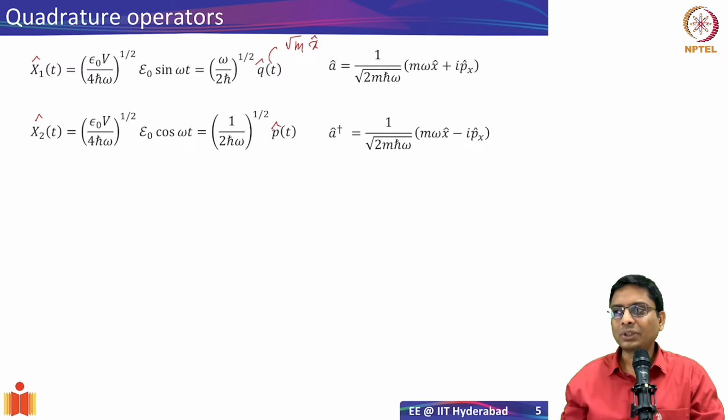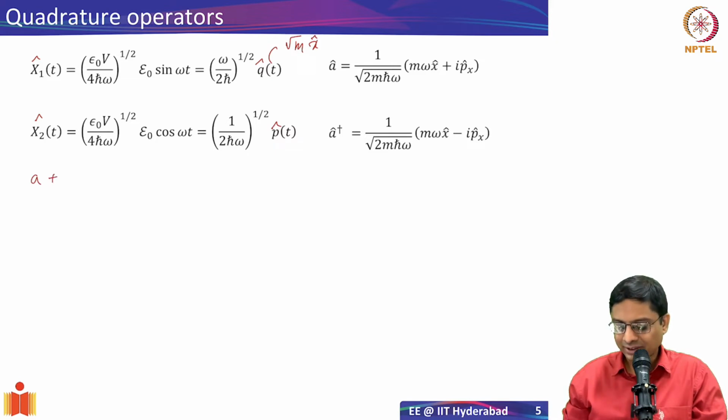Now I want to find the relation between x and the raising and lowering operators. To do that, we will start with the expressions for a and a dagger, and find the expressions for the x and px operators in terms of the raising and lowering operators. I'm dropping the hats, these are operators anyway. a plus a dagger is going to be 1 over the square root of 2m h cross omega, and the px terms will cancel.